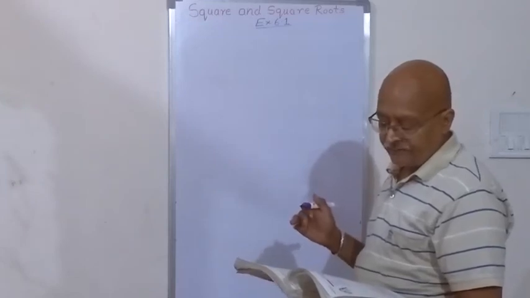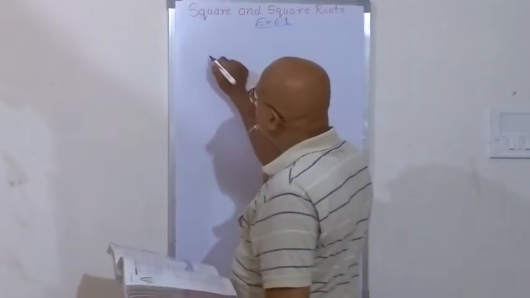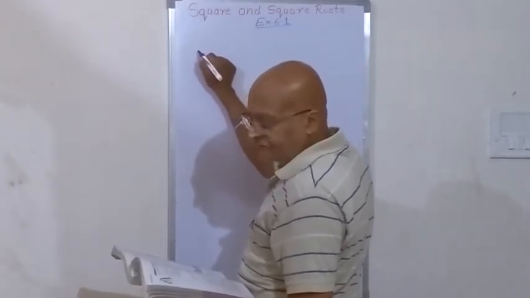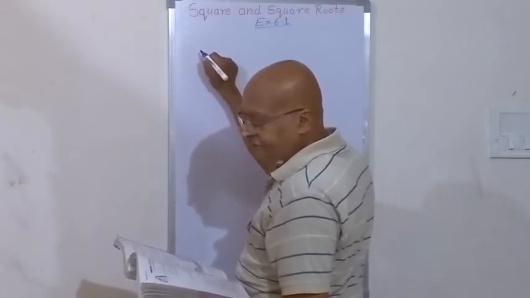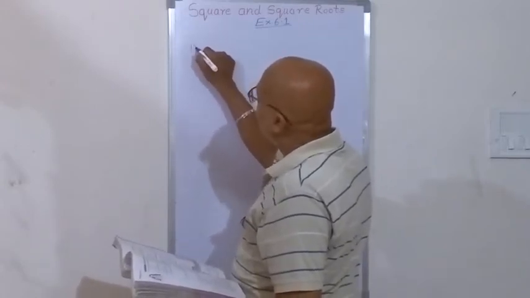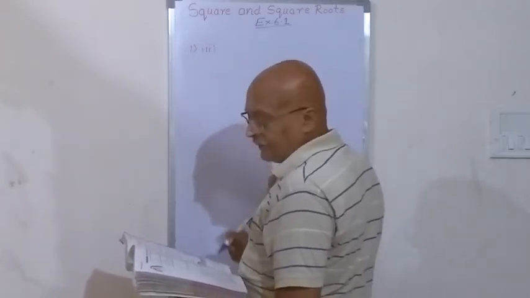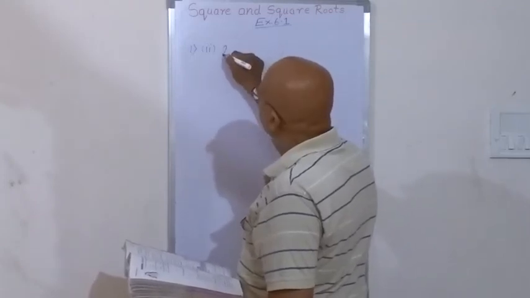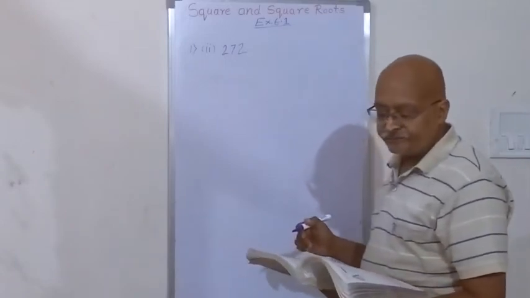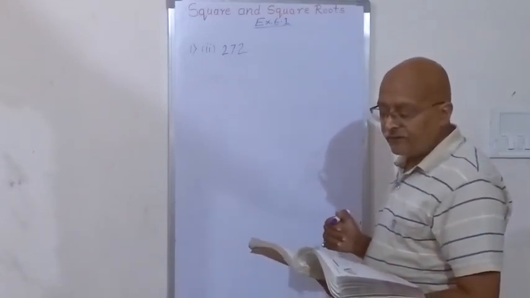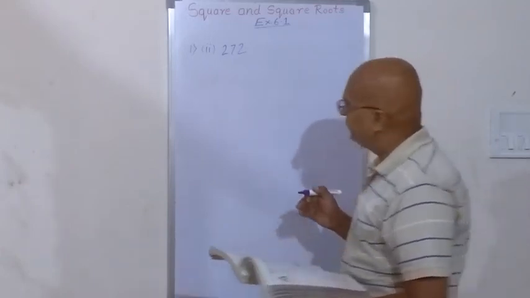Now how to find? Suppose I will take 2-3 examples. Say first is very easy. Here it is 272. Now this is the number given to you, and they have asked what will be the unit digit of the square of the number.